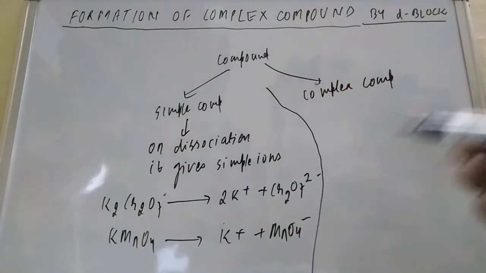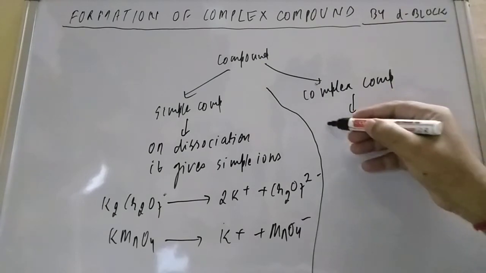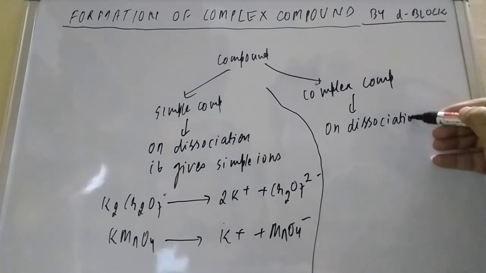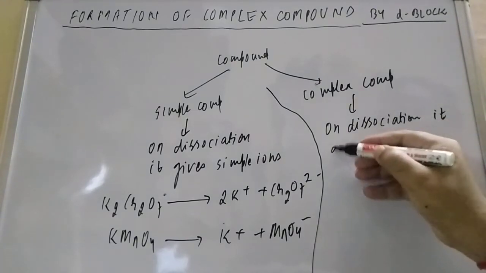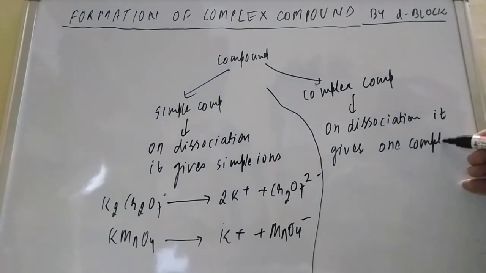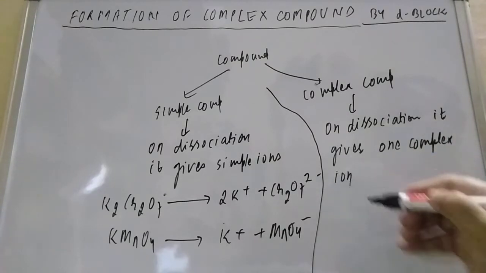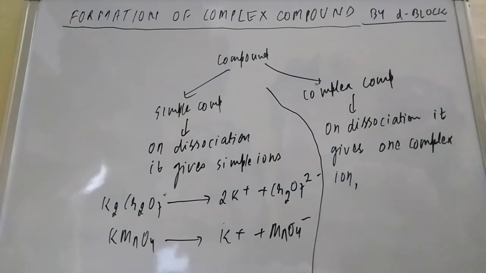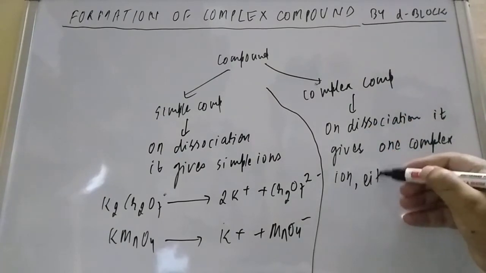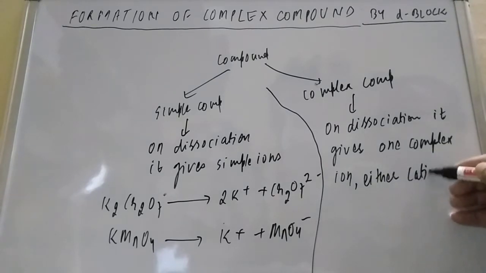The next chapter is coordination compounds, where you will study complex compounds in detail. When you are talking about complex compounds, on dissociation they give one complex ion, and that complex ion is either a cation or an anion. Either the cation will be the complex or the anion will be complex.